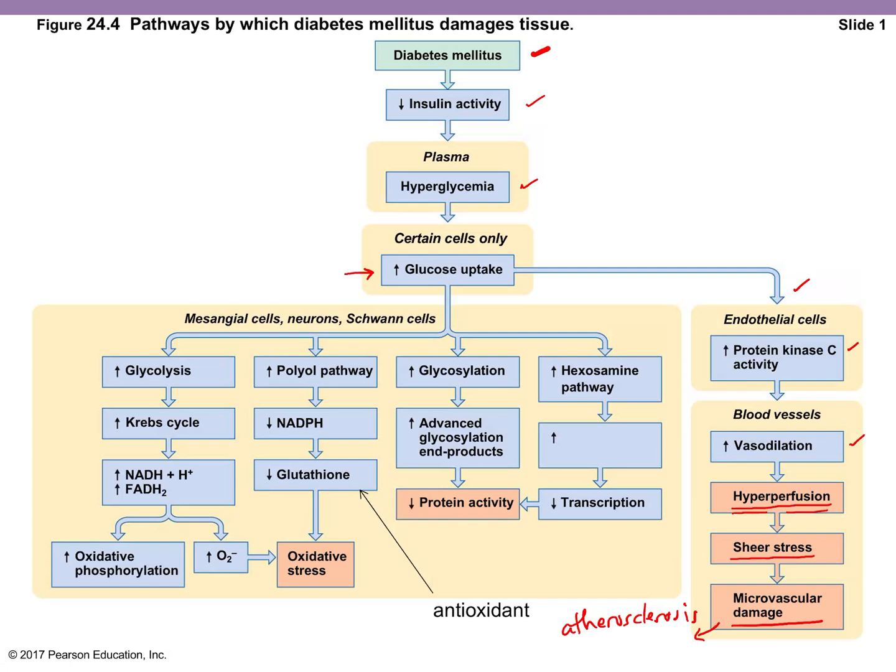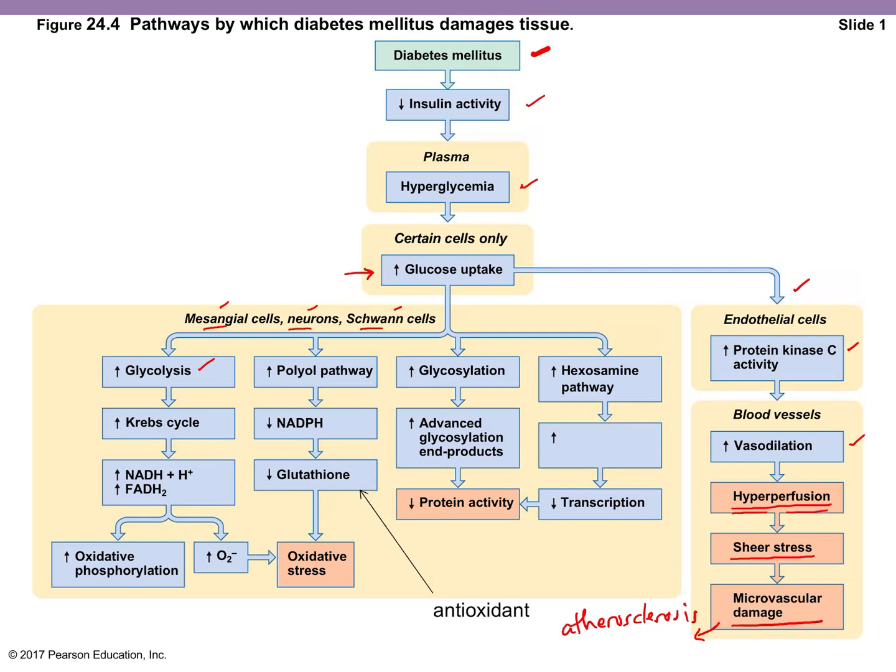Okay, next. Glucose uptake is increasing in other cells: mesangial cells, neurons, Schwann cells. Notice our nervous system, right? Mesangial cells, this is in the kidney. That's why neuropathy and nephropathy, the nervous system and the kidney, are both strongly involved in the symptoms of diabetics. So they're going to increase glycolysis. This is just normal.